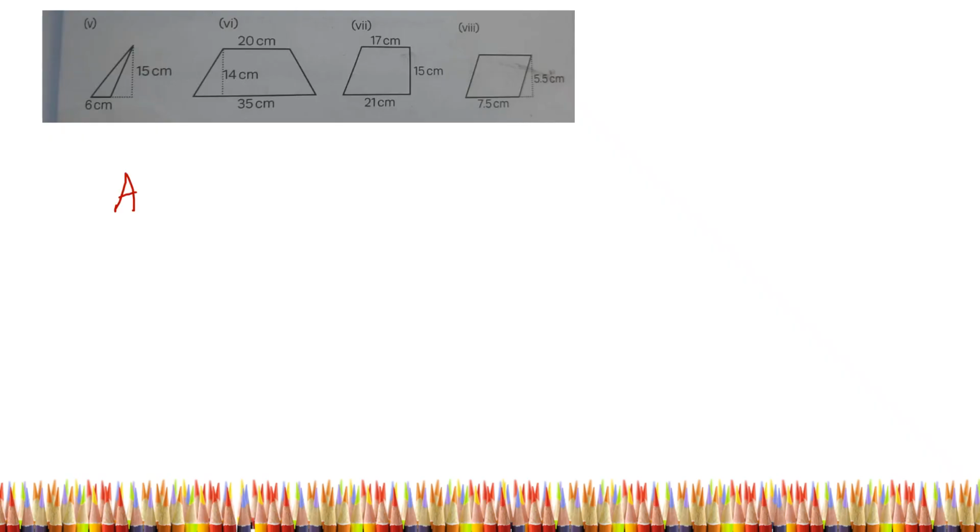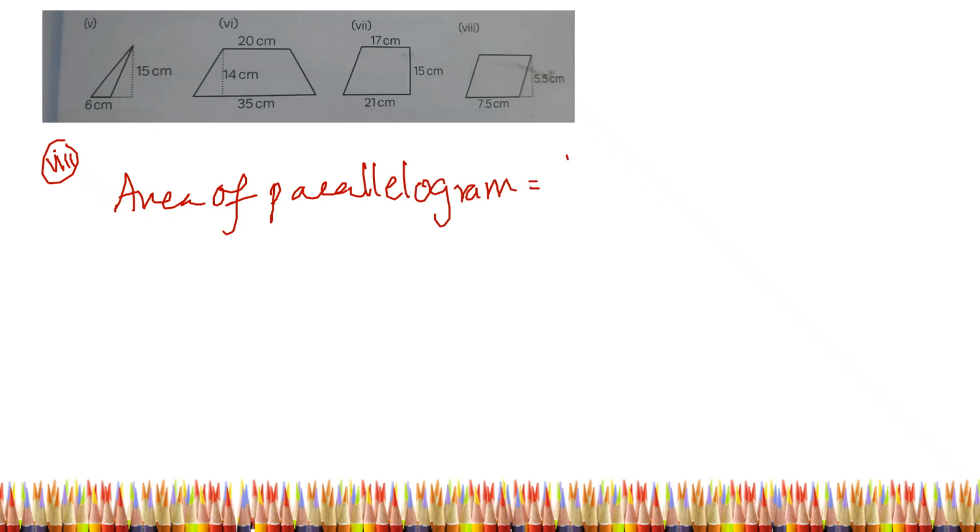So let's do it. This is the 8th part, area of parallelogram is equal to base multiplied by height, which is 7.5 multiplied by 5.5.